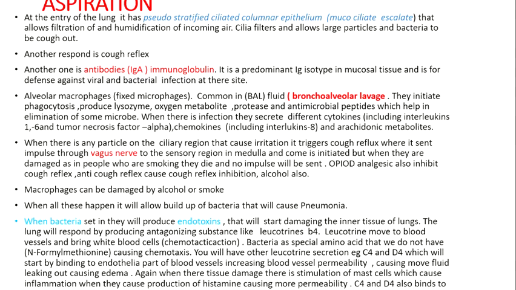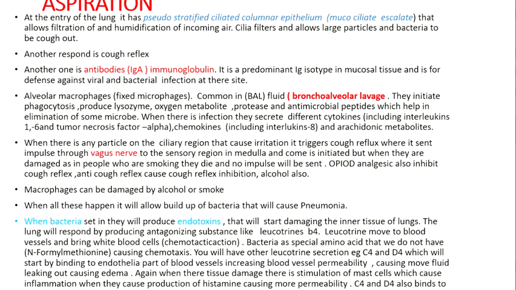Those are the different types of macrophages, but for the lung we are focusing on alveolar macrophages. They are phagocytic, so they engulf, and they also produce lysosomes, oxygen metabolites, and antimicrobial peptides that help eliminate microbes.